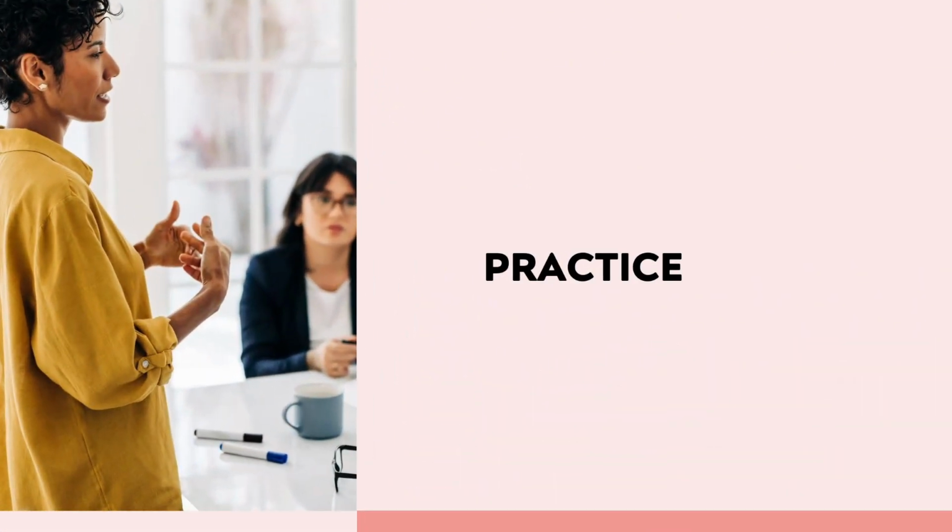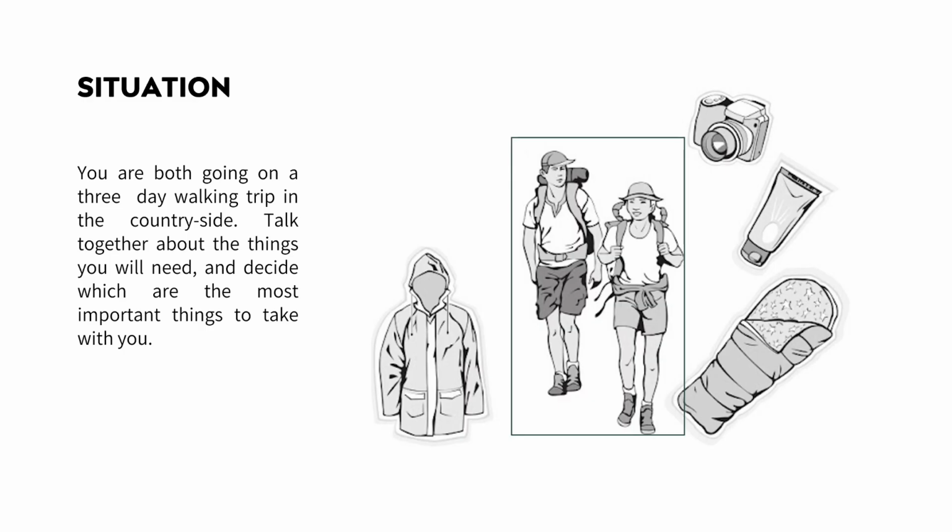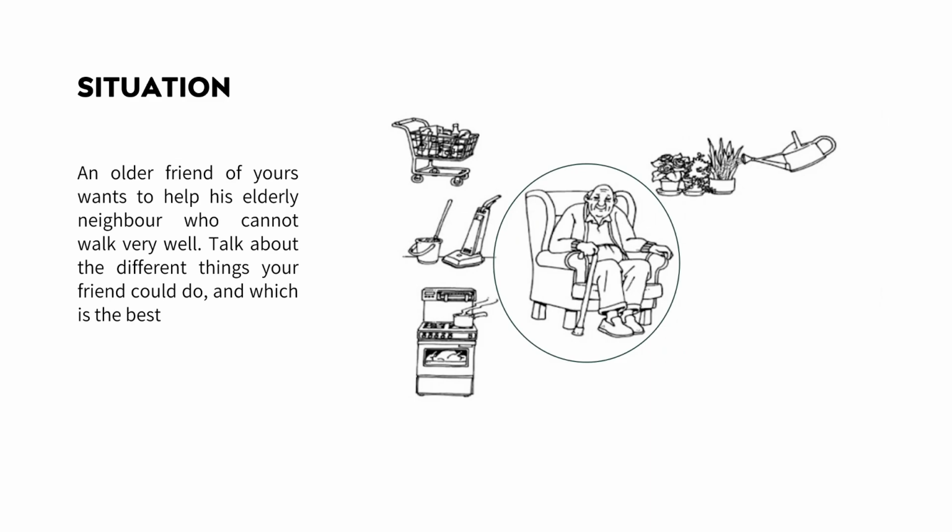Like I said in the previous one, there are some examples for you to practice on, which is very helpful for you to get an idea of how the group discussion will be. These are some of the situations, and the picture will help you with what you will use as your points.